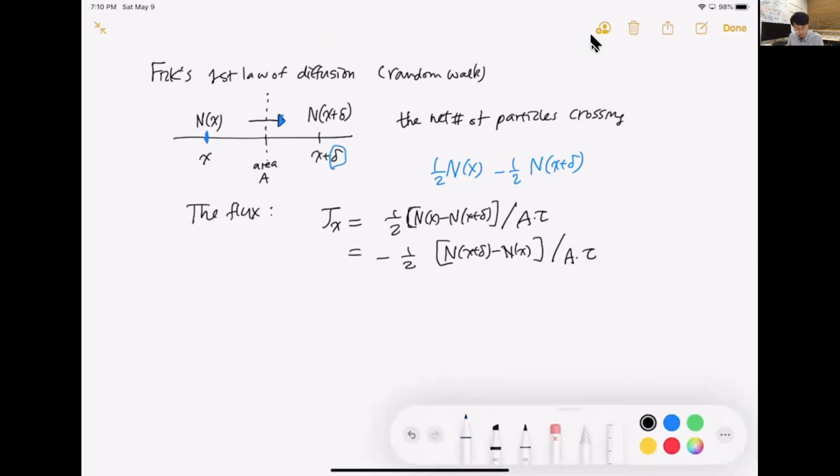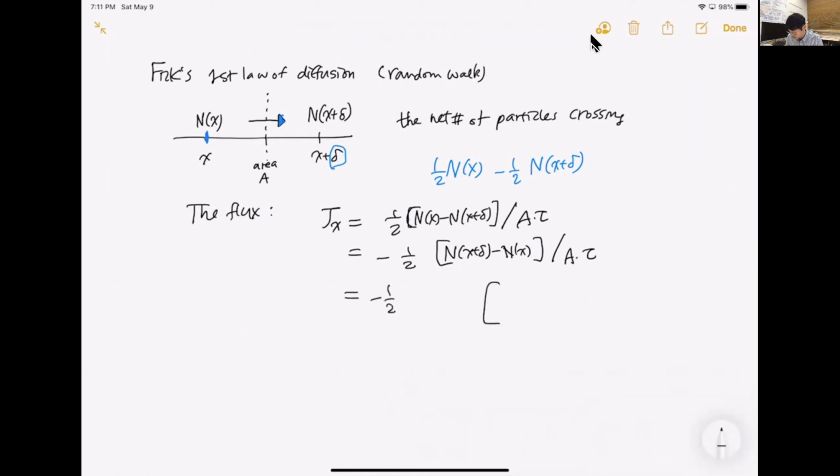So to rewrite this, I like to make it a concentration: 1/2, then c at x plus delta, which is n over area times delta, minus c at x, which is nx over area times delta. And the tau will come out in the front part, and because this can be described as a gradient, I would love to put a delta over here. Because I introduced delta squared, I put delta squared back over here. So this is a nice description now.